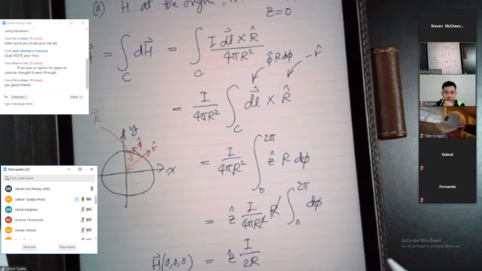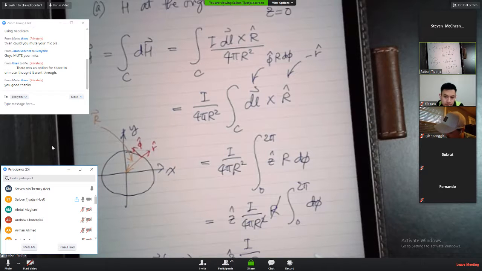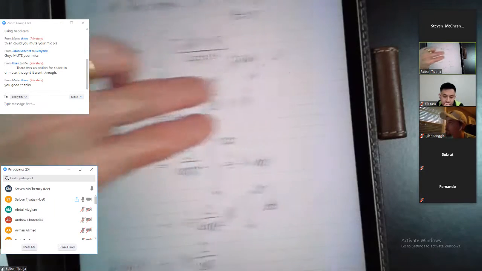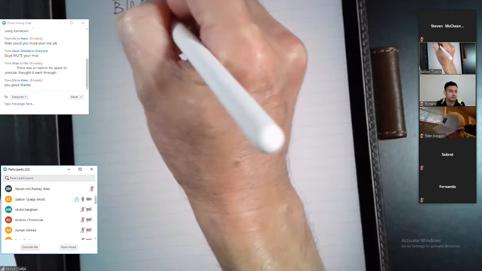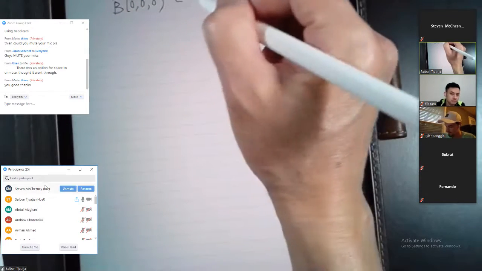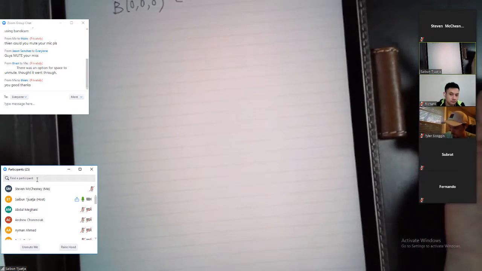How about the B, the magnetic field at 0, 0, 0? Well, the B is simply B at location 0, 0, 0, at the origin, equal to nothing but, the medium has what? It's in air, right? Non-magnetic medium.